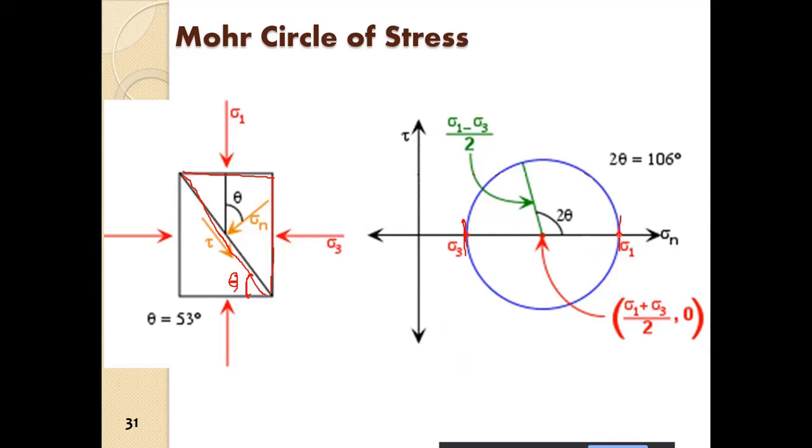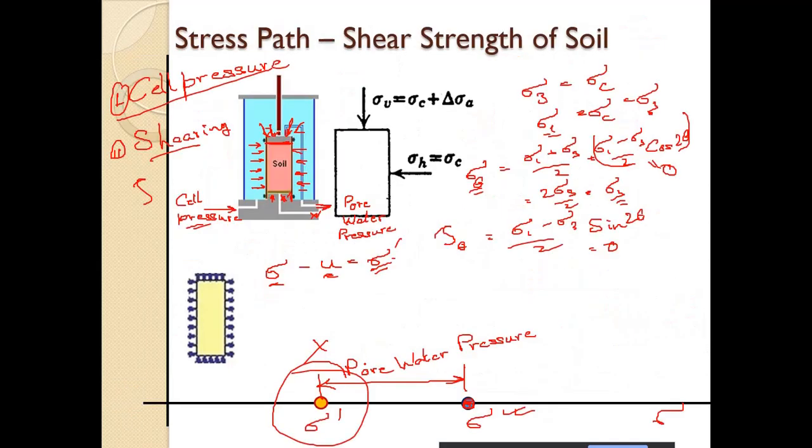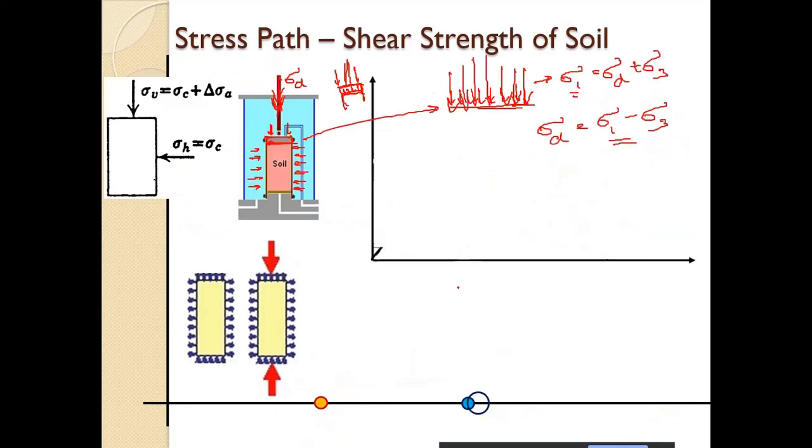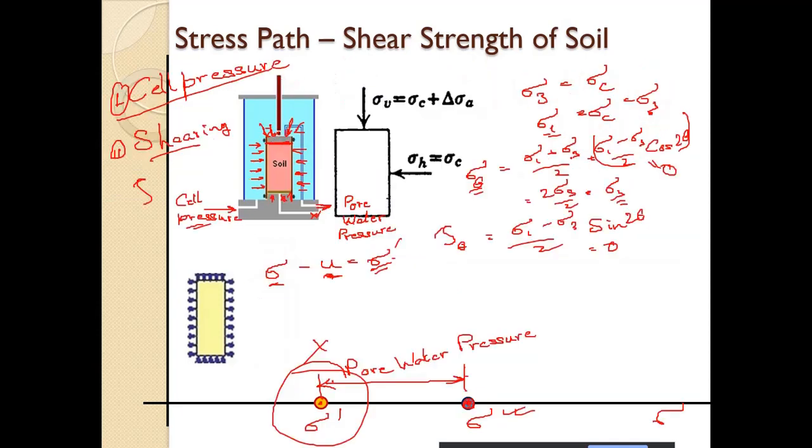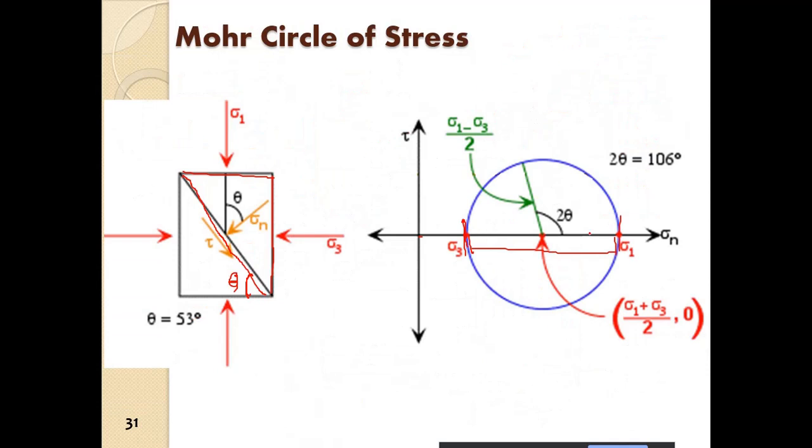Just like here we have the pore pressure, so total stress minus pore water pressure, we arrive at the effective stress. Here sigma 1 minus sigma 3, we have sigma d.